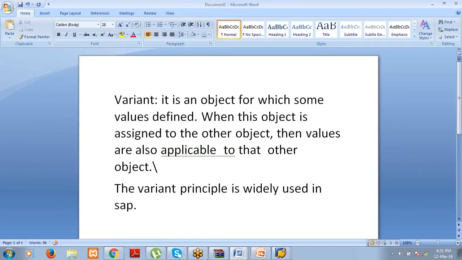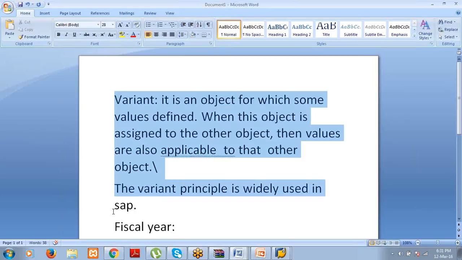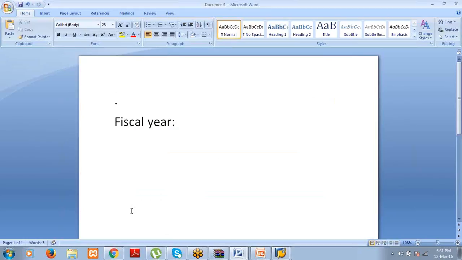After that, put the heading fiscal year. Fiscal year is also called accounting year.